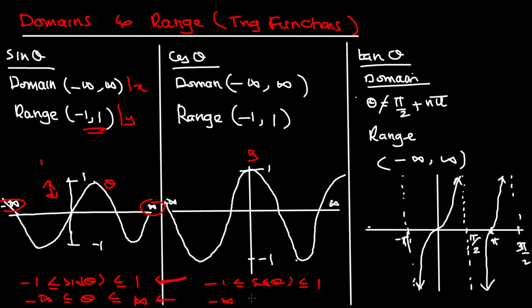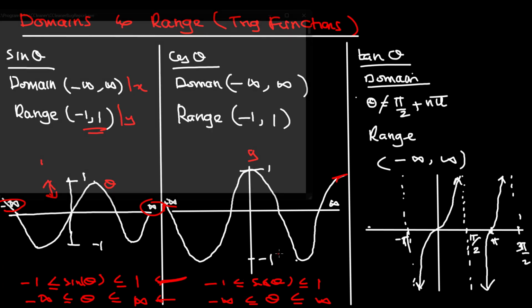Then the angle itself will be theta less than or equal to infinity, because you can look at this. This is going to infinity, that's going to infinity. It doesn't have where it actually stops. You have to limit the domain, not the range, for it to be limited.